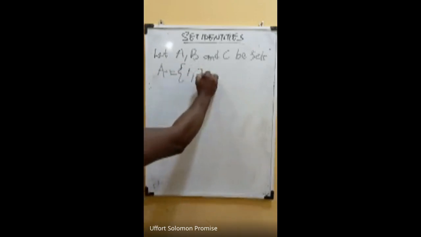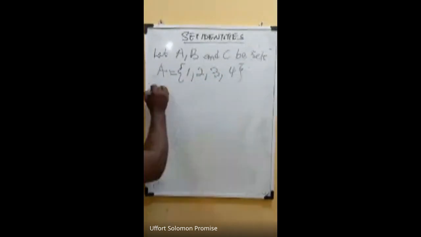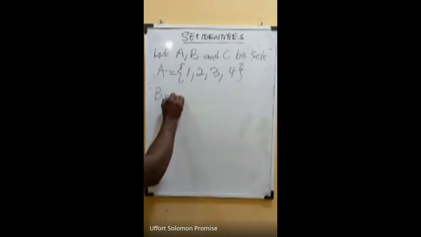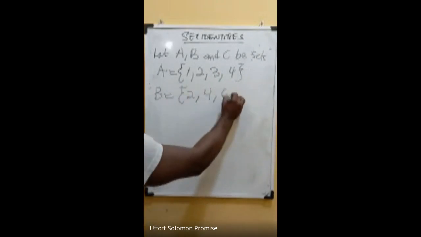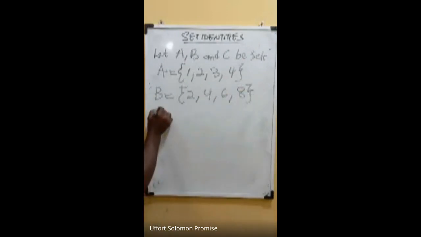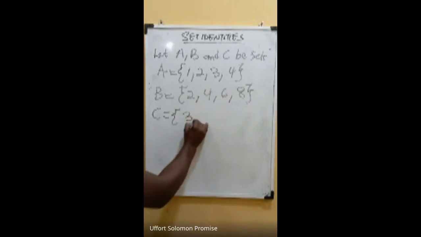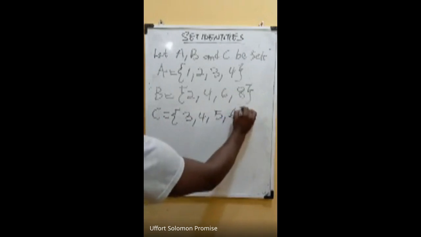Set A is 1, 2, 3, and 4. Set B is 2, 4, 6, 8. Set C is 3, 4, 5, 6.